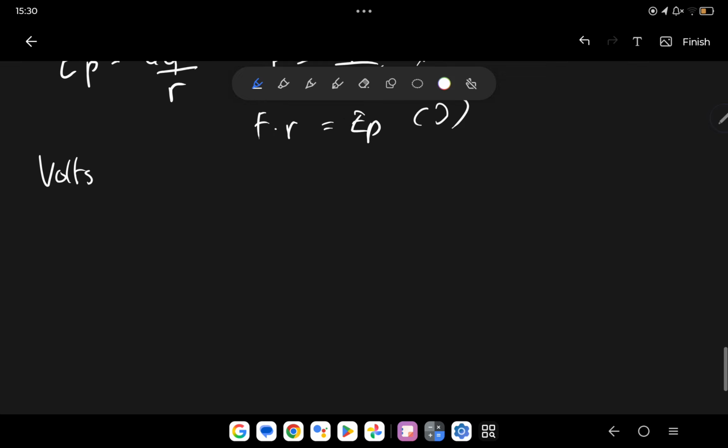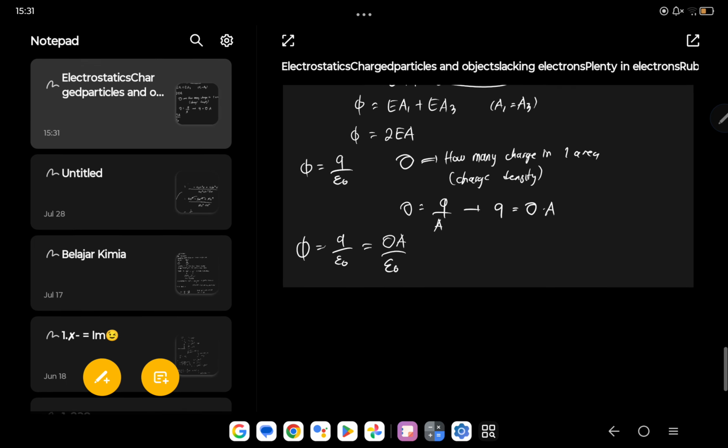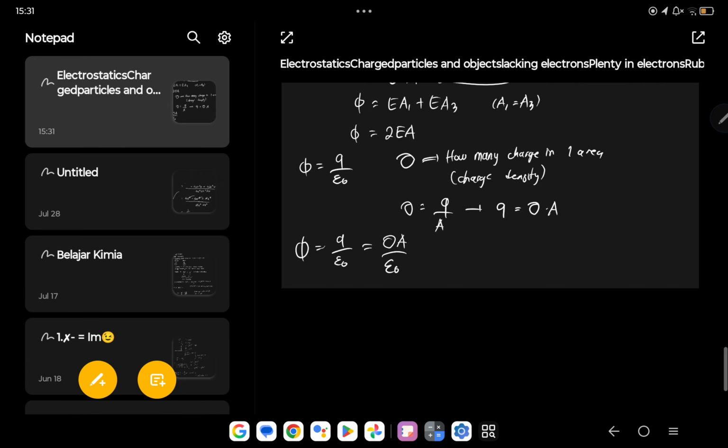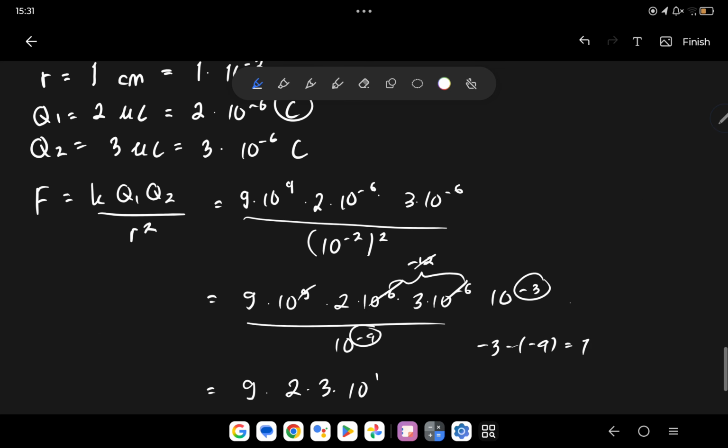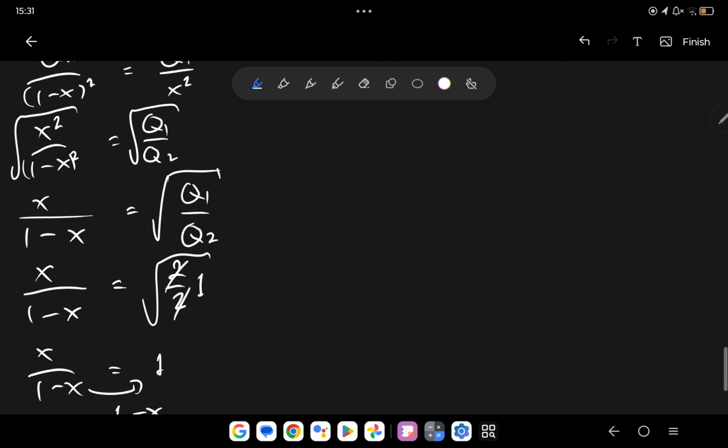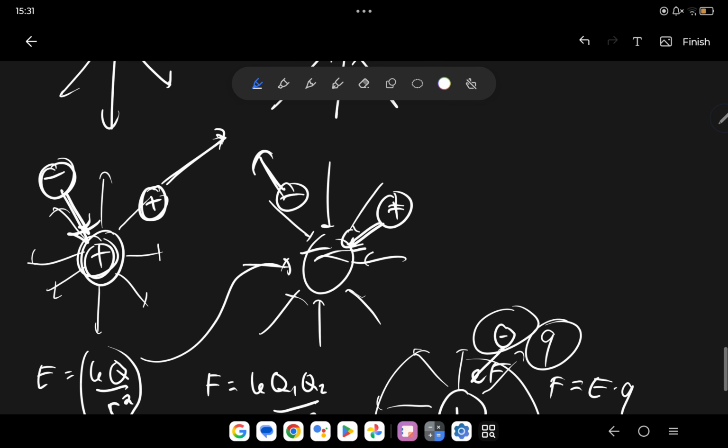Volts. It was potential energy of a test charge divided by that test charge. Whoa, you see that title? That's insane. Anyway.